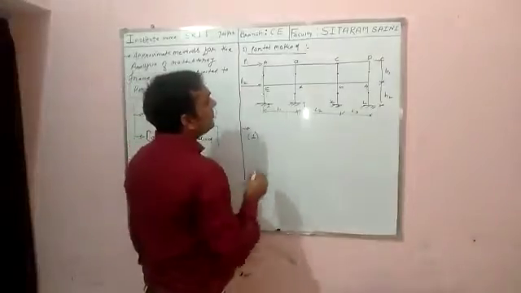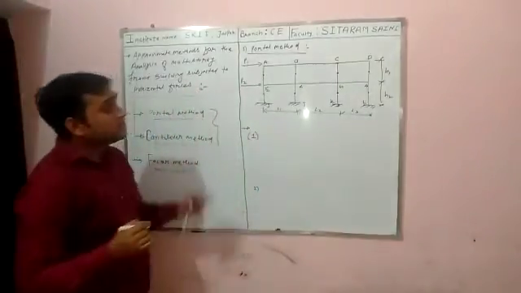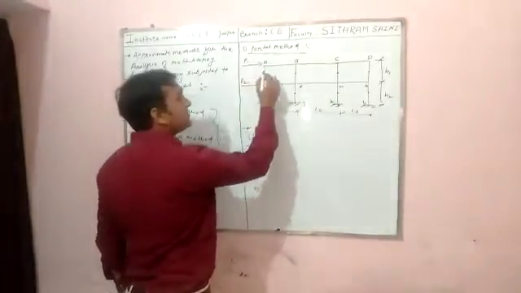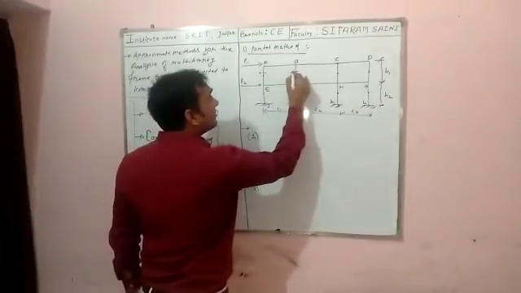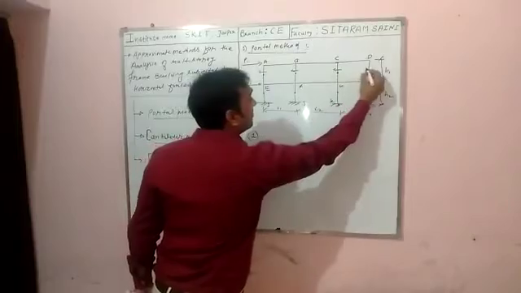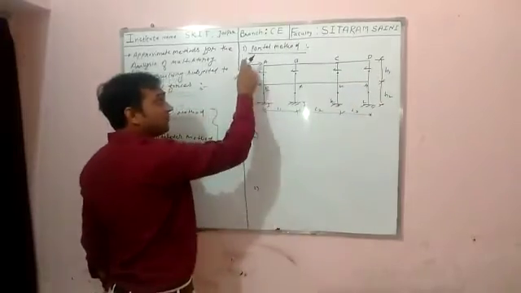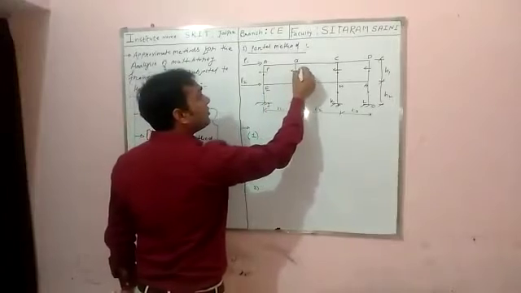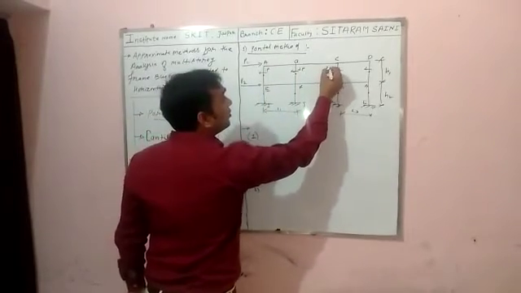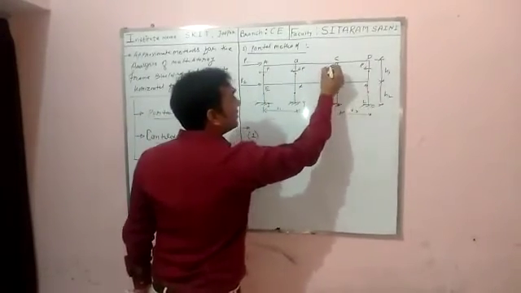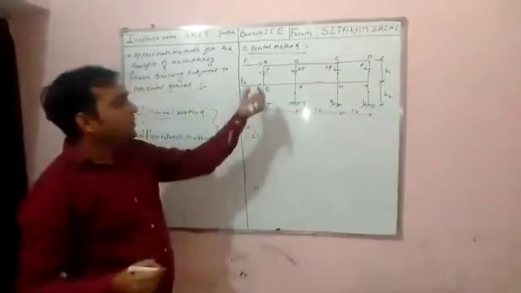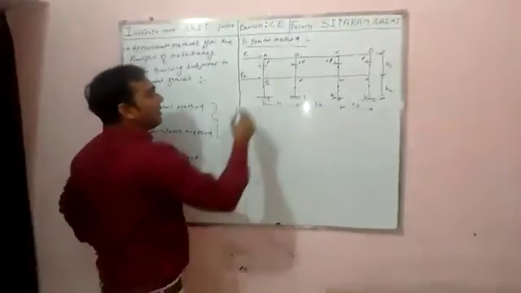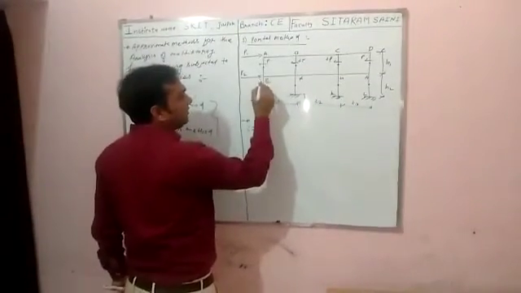And the second assumption is that the horizontal shear or horizontal force is shared by the columns: horizontal shear assumed to be P, 2P, 2P and P. We take twice P in all the internal columns and single P in the outer columns.